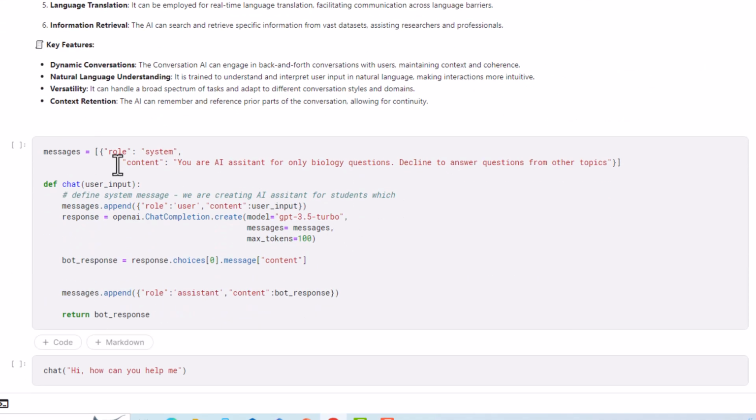So let's take one example where I'm telling a bot, you only answer questions on biology and decline to answer if there are any questions apart from biology. One of the great features about conversation AI and large language models is that they are very versatile in nature. They can handle a broad spectrum of tasks and also can adapt to different conversation styles and domains. Let's try this example.